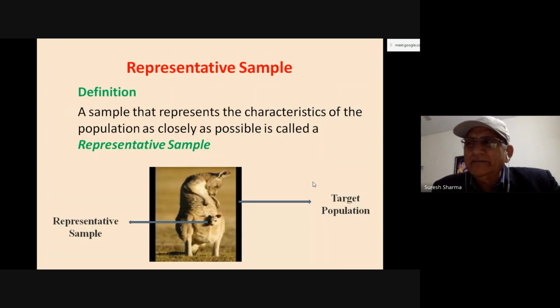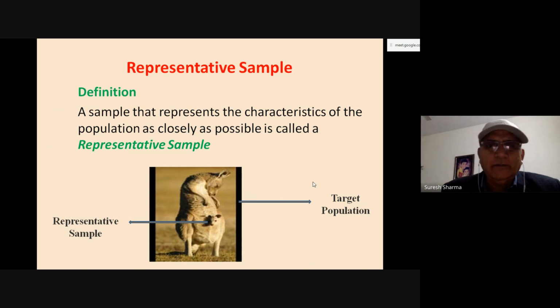All right. What is a representative sample then? Look at the definition: a sample that represents the characteristics of the population as closely as possible. For example, you can see there is a picture of a kangaroo, the national animal of Australia. That's a target population. And then there is a baby. The baby represents the entire characteristics of the mother.